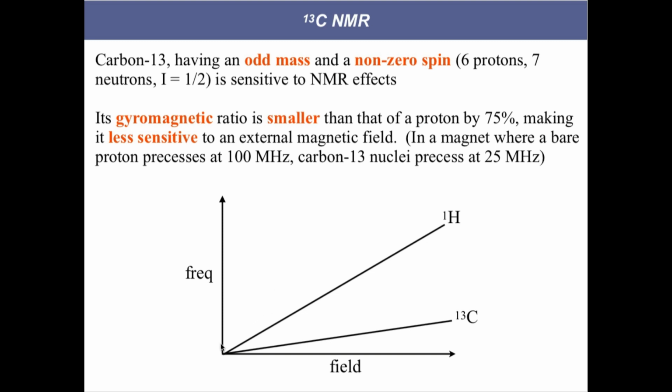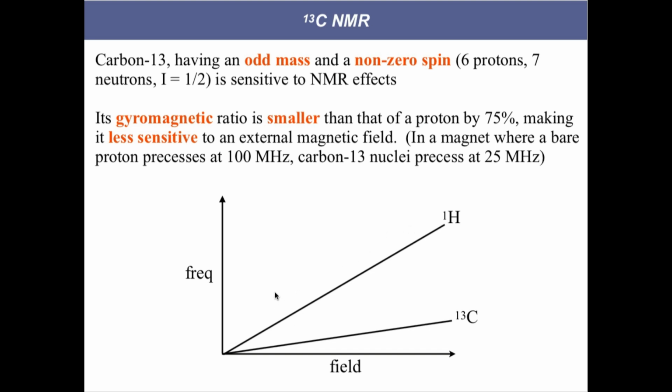For example, as you increase the magnetic field, the frequency of precession increases at this rate for hydrogen. But for carbon-13, as you increase the magnetic field, the frequency of precession increases much less dramatically. That slope is called the gyromagnetic ratio.